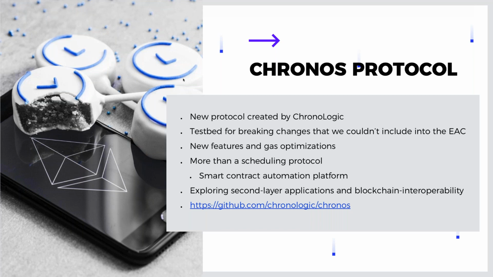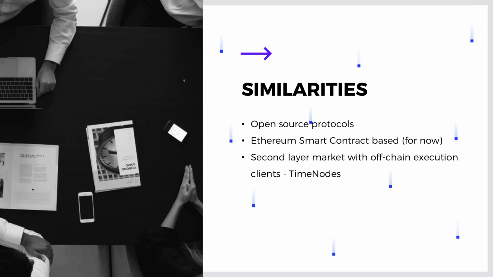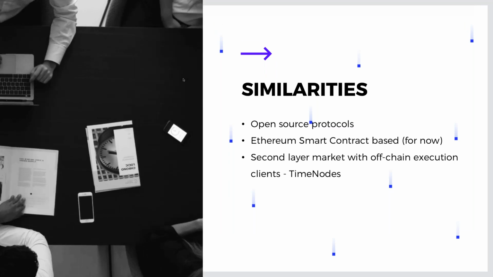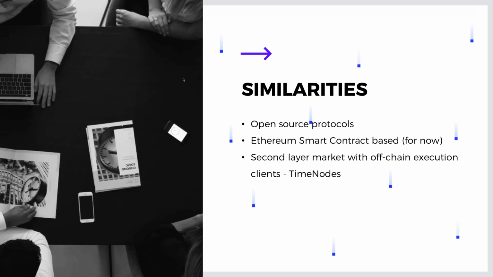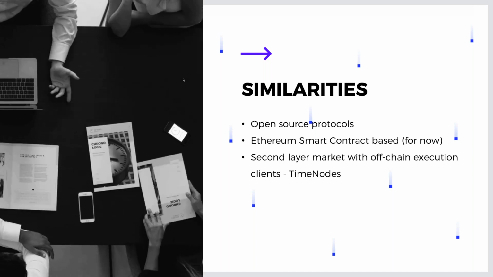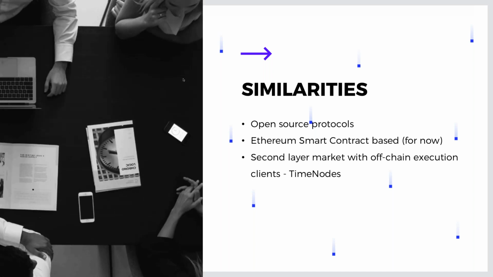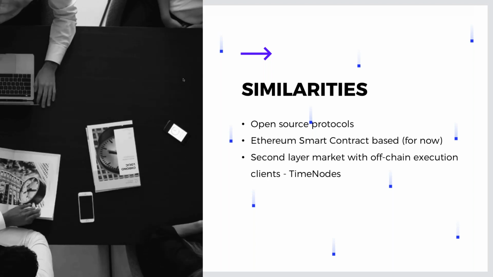So let's start with the similarities of the two. The first similarity is that they are both open source. You can find both of them on our GitHub page, on the Ethereum Alarm Clock page, and anybody can use and reuse them in a very open source fashion.